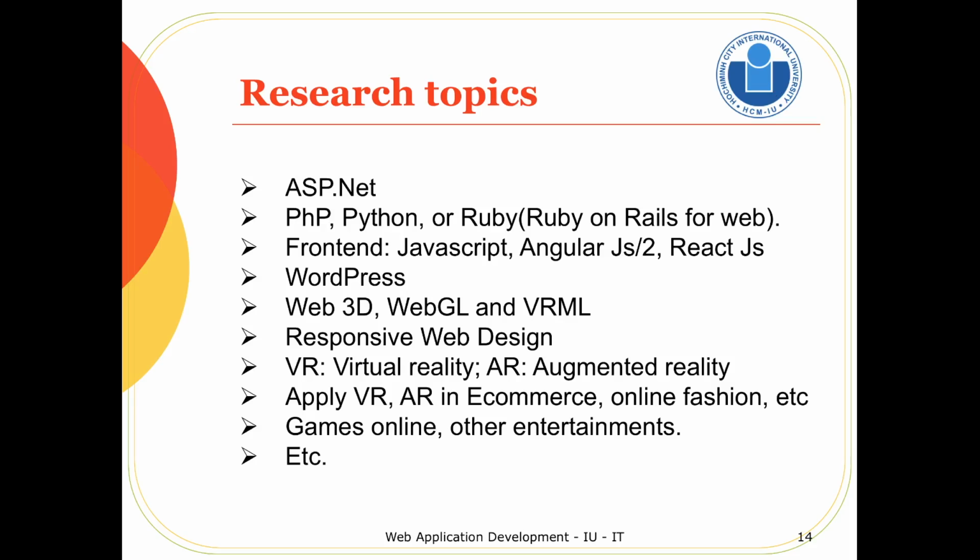Nowadays you can use a laptop or desktop to access a web page, no problem. But you can also use your smartphone or mobile phone to access a web page. At that time, you must use responsive web design, because it helps you automatically scale the interface so you can see it on the mobile phone.